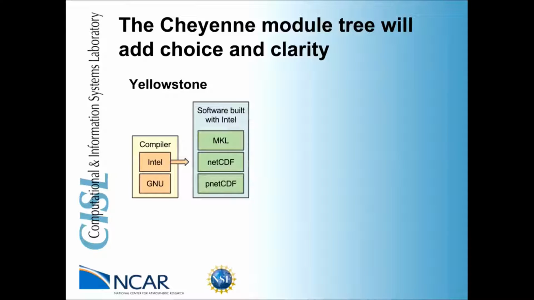So you'll have the math library from Intel, a version of netcdf, a version of parallel netcdf, and you can select that. And if you switch to the GNU compiler, it will make the adjustments in terms of what you have loaded for netcdf, for example, as necessary.